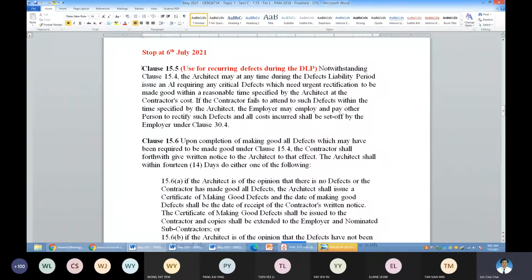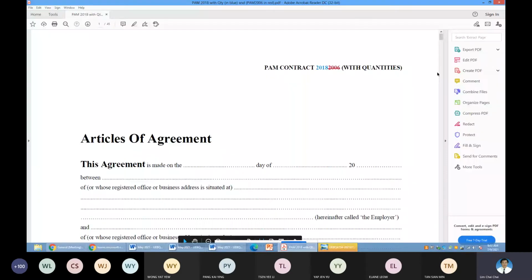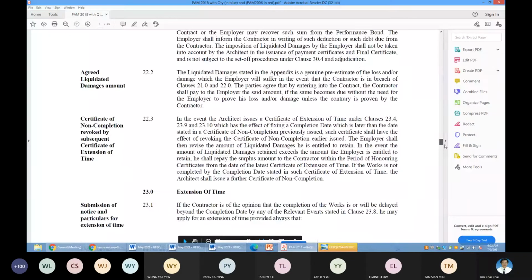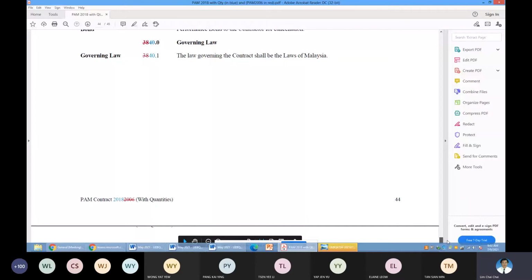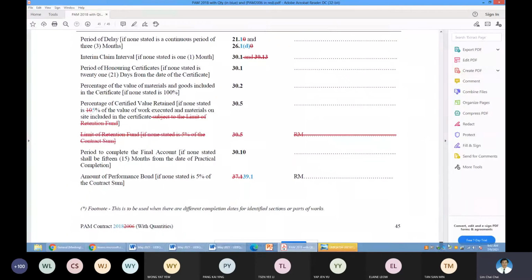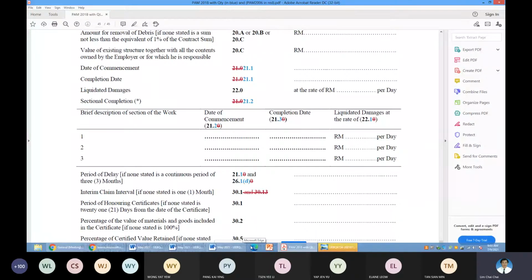Recurring list, because during the defects liability period, as stated in the appendix, you will see how long it is going to be. It can be 1 month, 3 months, 6 months, 10 months, and so on.